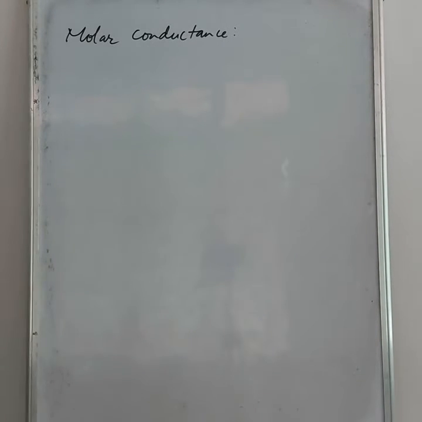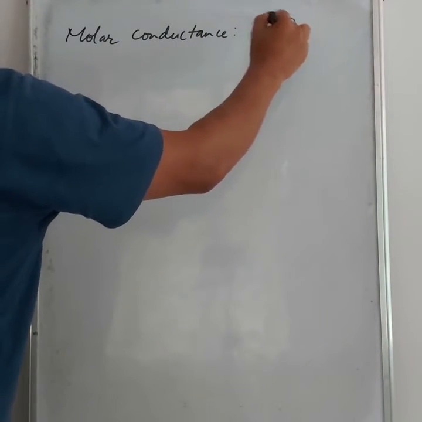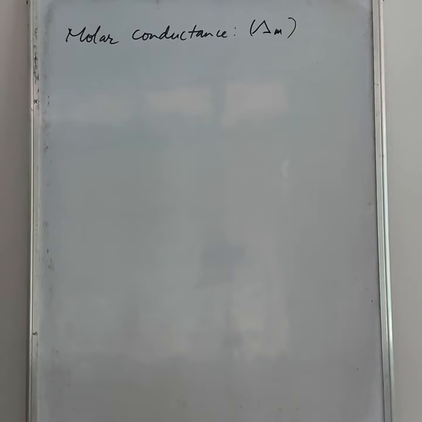Next, we'll go to molar conductance. It's denoted by capital lambda M. And what is molar conductivity or molar conductance? It is the conductance of a solution containing 1 mole of an electrolyte between 2 electrodes which are unit length apart.